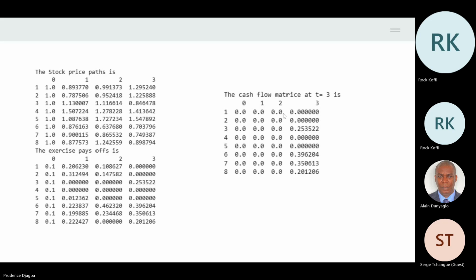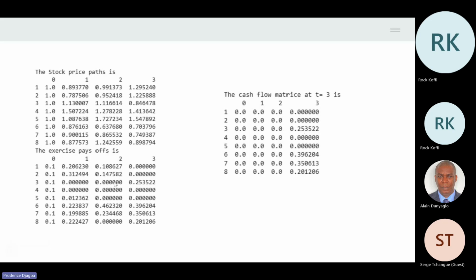Okay. So the next step is going backward. We start at maturity, and we go one step backward, which is time t equal to 2. At time t equal to 2, we look at the matrix of the payoff.